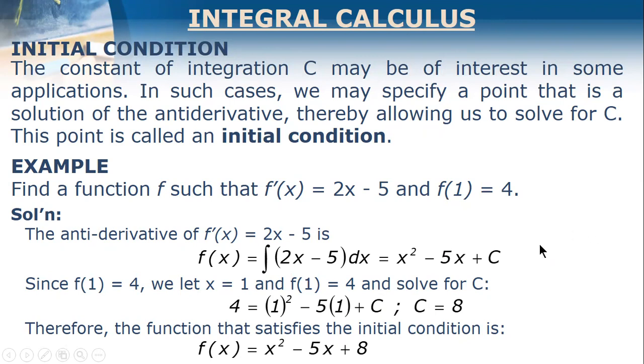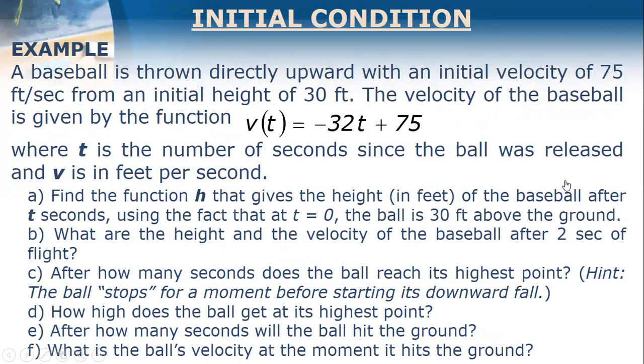Next, we are going to solve a worded problem, and still it involves finding the constant of integration. This is the problem: a baseball is thrown vertically upward with an initial velocity of 75 feet per second from an initial height of 30 feet.